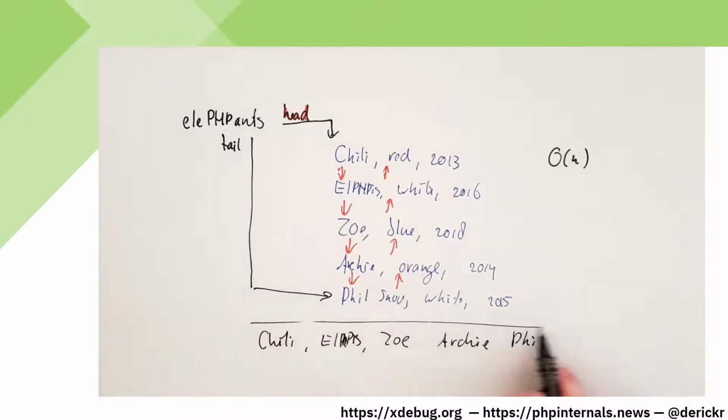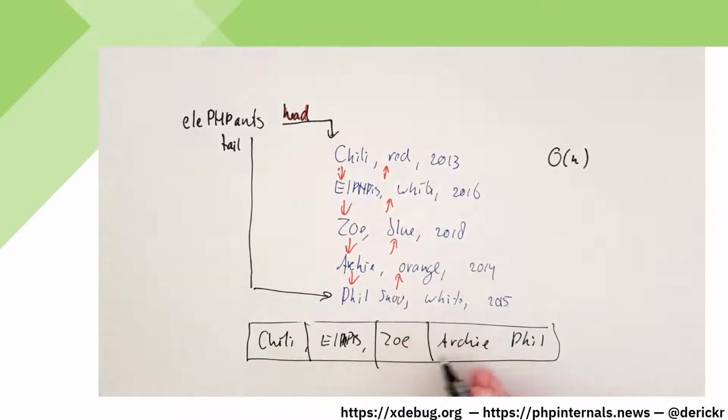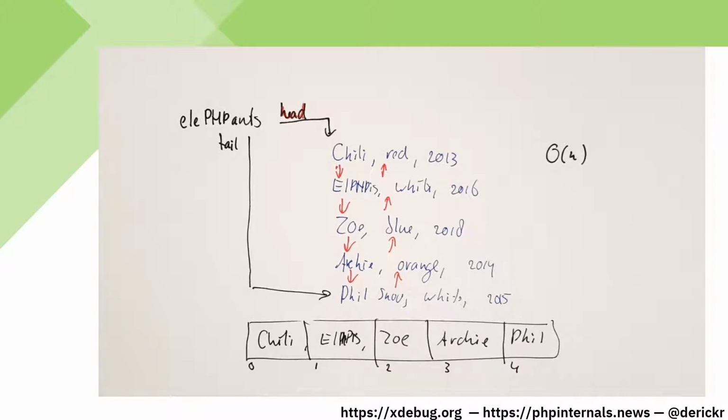And basically have those 5 elements in the list. Now if we already knew which number it is, and we start counting at 0 here, then if we know the number that belongs to Archie, in this case 3, then of course we can find it immediately. But how do you map those names to these numbers?